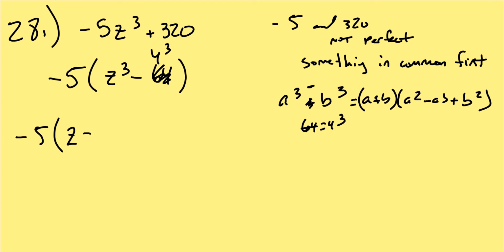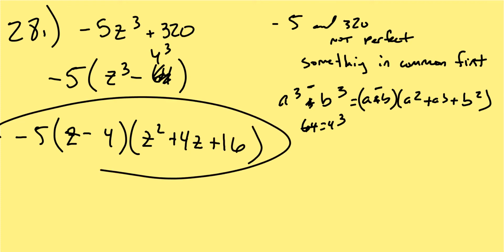So that's minus, that makes that minus, that makes that plus. So it's z minus 4, z squared minus 4z plus 16. It's plus in the middle there too. And that's it for 28. Notice, guys, I already know that since there's a minus right here, it's a minus in the first set, and then it's all positive in the next one.